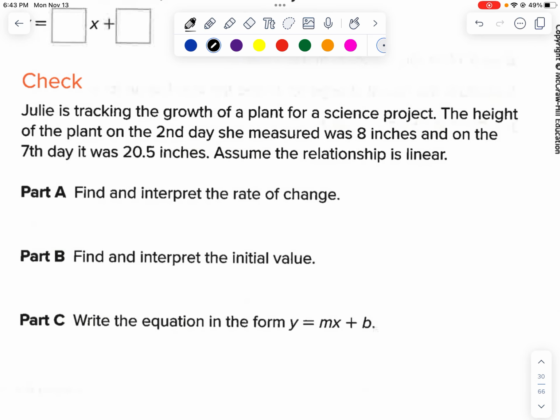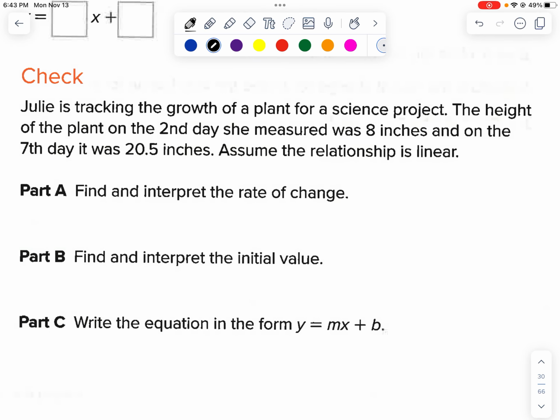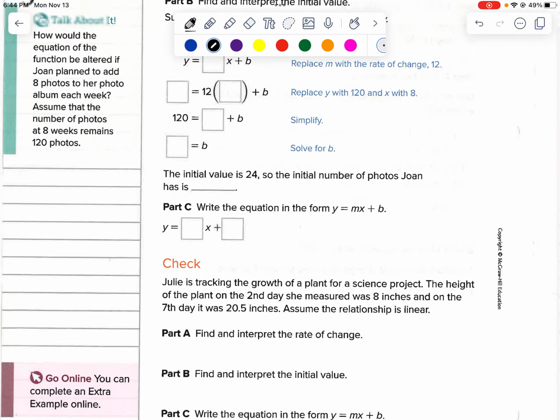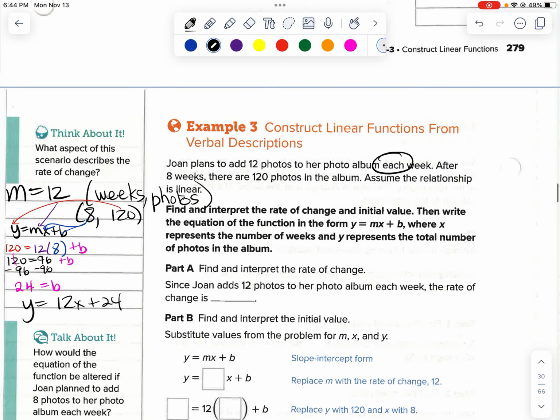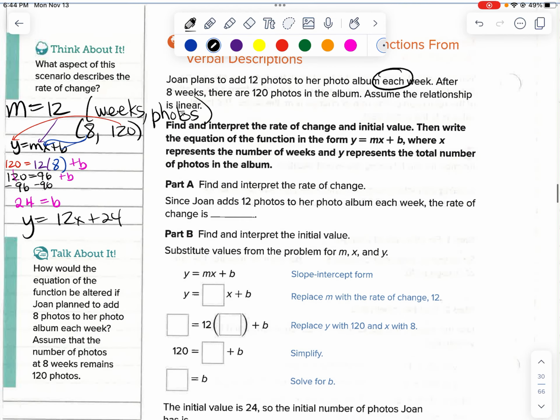Down here, Julie is tracking the growth of a plant for a science project. The height of the plant on the second day she measured was 8 inches. On the 7th day, it was 20.5 inches. Assume the relationship is linear.